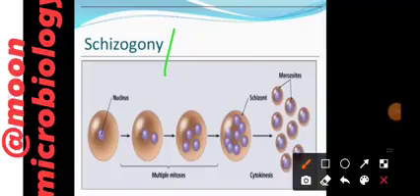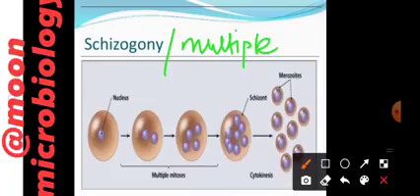The first nucleus undergoes multiple divisions, from one to two and so on, producing many nuclei. A small portion of cytoplasm then concentrates around each nucleus.